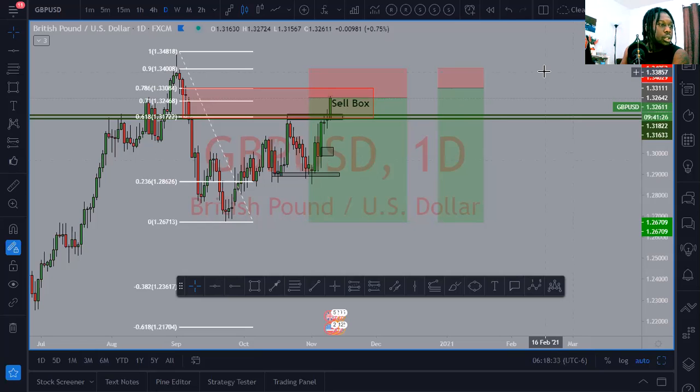So sell, and then stop loss is at 1.34052. I'll go ahead and just put that stop loss, modify, 1.34052, enter. All right, so I got that on, and then I'll set my sell limit later on.